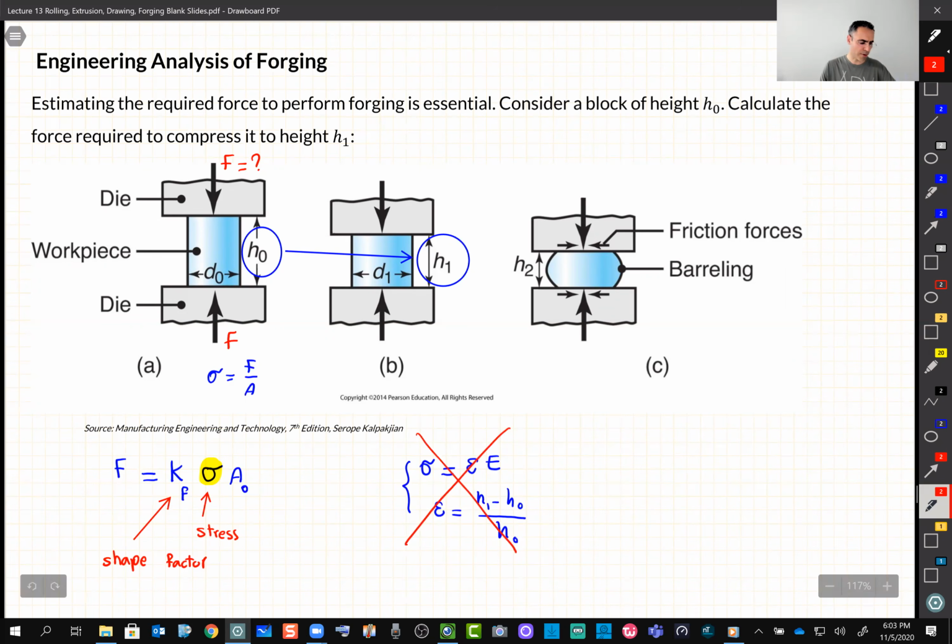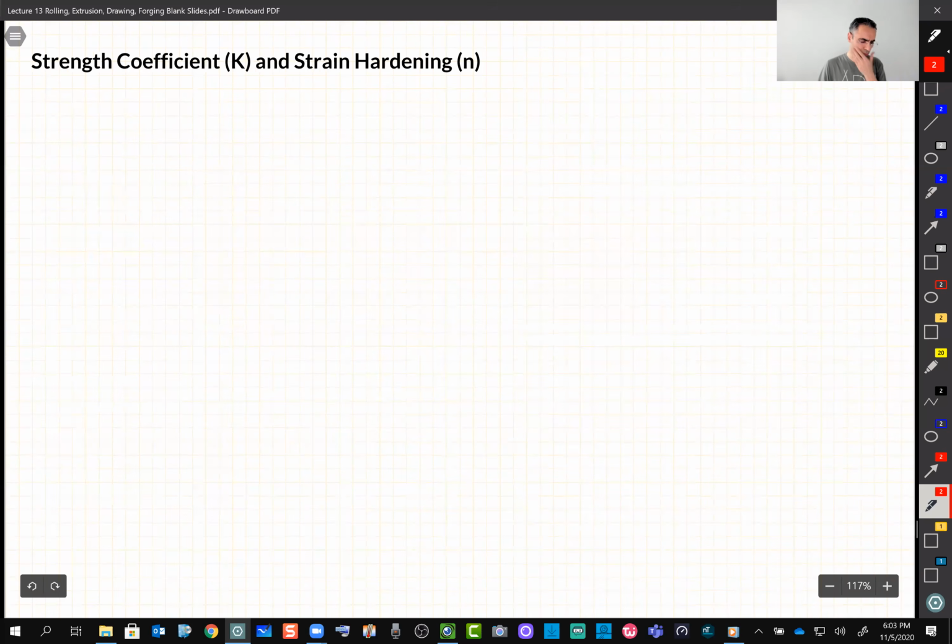Or maybe we do, however, we can say that this is between two flat slabs, right? They are uniformly compressed. Yeah, I was just going to say it's in the plastic zone, so it's not really a linear relationship. Good point. That's right, Ahmad. We are getting to plastic deformation. So these are not valid, and we need to find another way to calculate this sigma, and this is what we are going to discuss.